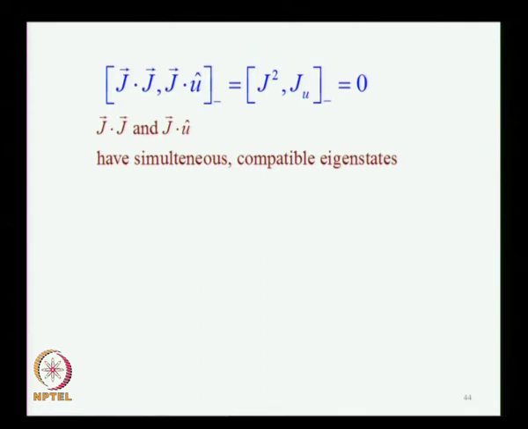What we discussed in our previous class was that in quantum mechanics you are looking for a complete description of the state. You are looking for as many measurements as you can carry out, so that you can describe the state completely. But the fundamental constraint is that the measurements have to be compatible with each other.